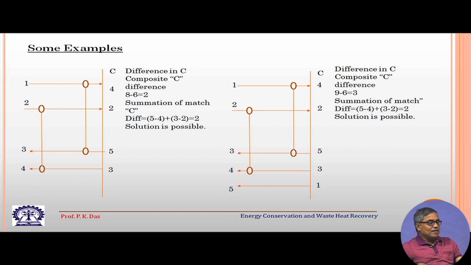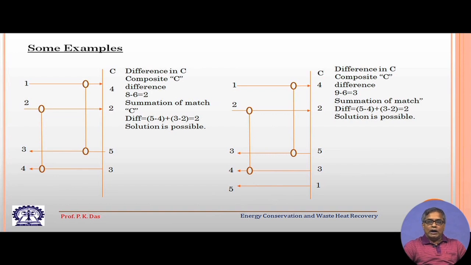So, this is how we have to check whether we are obeying the pinch rules at the pinch point, because as I have told, our design should start from the pinch point. Why should the design start from the pinch point? Because the condition at the pinch point is the most stringent. At the pinch point, we have the minimum amount of temperature difference allowable between the two streams.